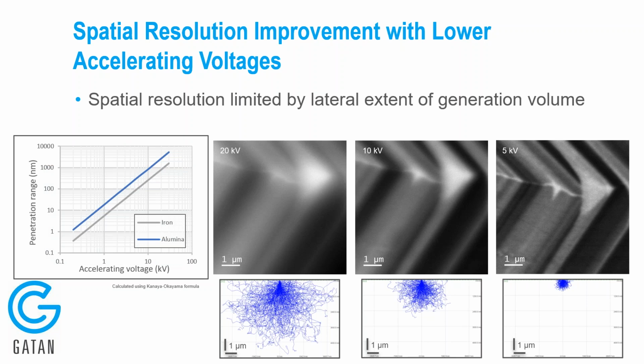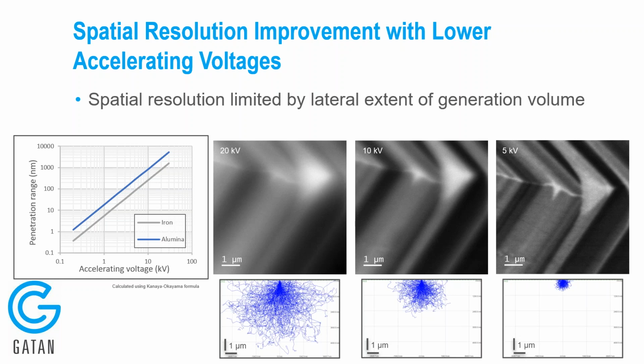We can actually plot this and work this out, as I said, quantitatively for a range of electron energies. And you can see that on this log-log scale, it has this linear relationship. So at 30 kV, depending exactly on the type of material, we are penetrating between 2 and probably 8 microns, whereas at 1 kV, we're now down to an interaction volume size of about 10 nanometers to a few nanometers.